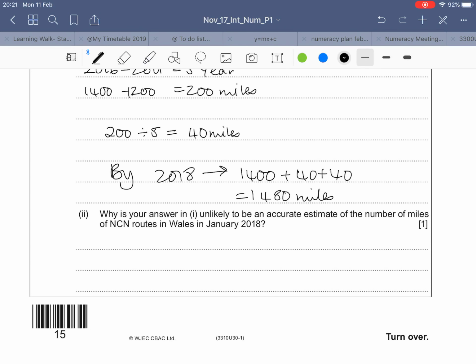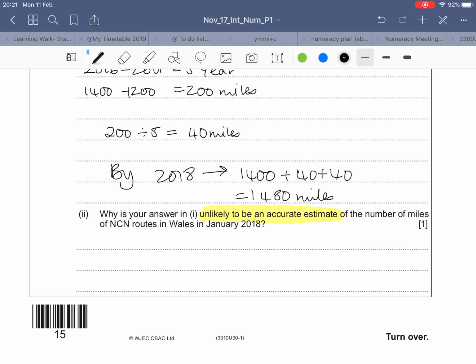Why is your answer in part 1 unlikely to be accurate? Okay, so this is what I was thinking, and I'm glad they've asked. Why is it unlikely to be an accurate estimate of the number of miles by 2018? This 200 was the total for the 5 years, so the number each year can increase or decrease. The average was 40 miles per year, but that's not necessarily going to stay the same.